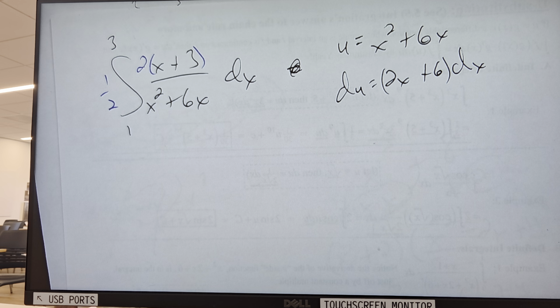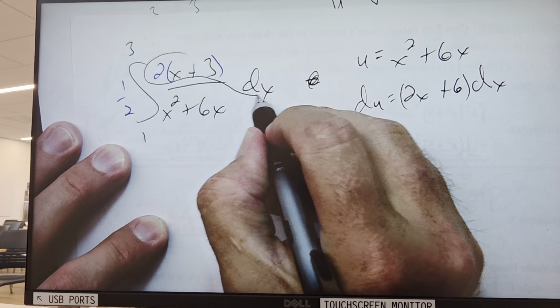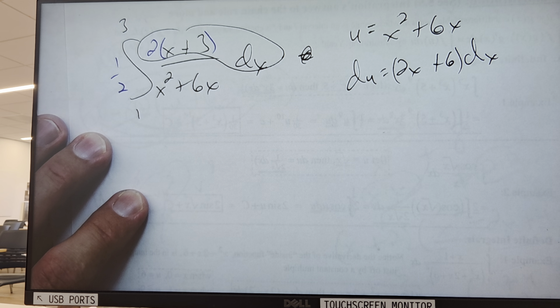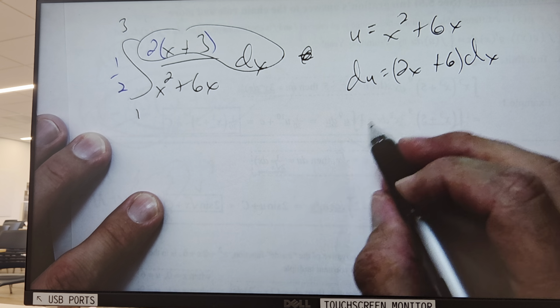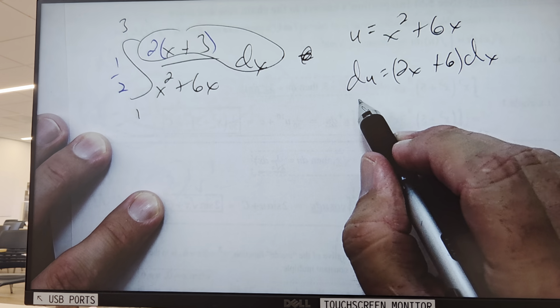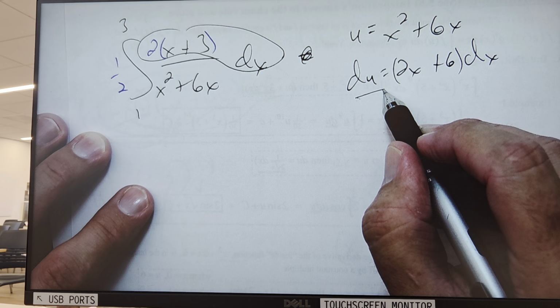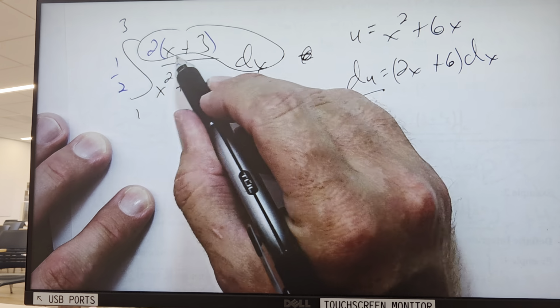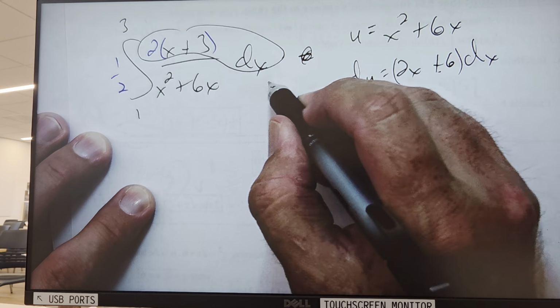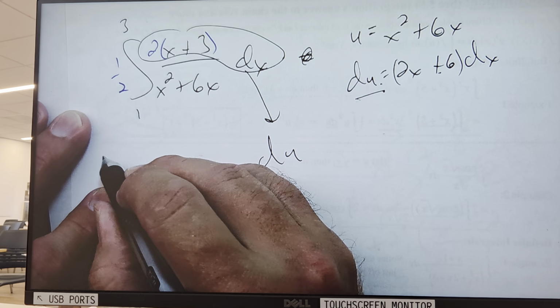So what is 2x plus 6 times dx? What is that equal to? It's equal to du. That's 2x plus 6 dx, which is du. So this is all du.